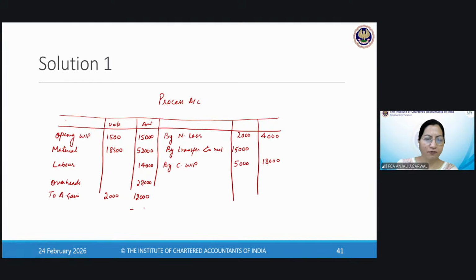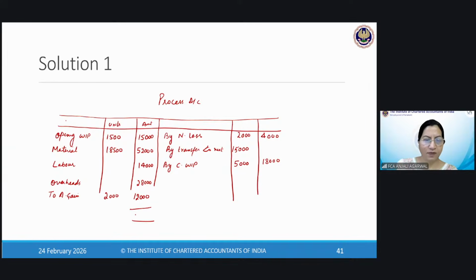You can take the total of the debit side. 15,000 plus 52,000 plus 14,000 plus 28,000 plus 12,000.